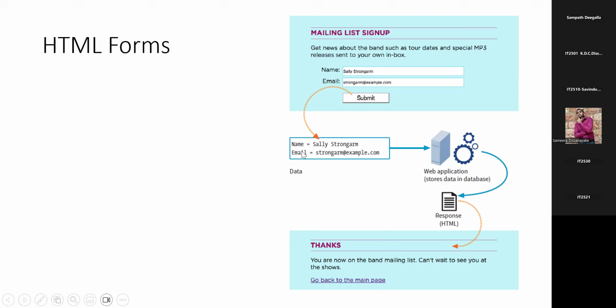So there are some labels. These two will be stored in the application. And then depending on what is submitted, this can give you a response. For example, in this particular example, when you register, we have to acknowledge that you are registered. So here you can see the outcome. It says you are now on the mailing list, right?